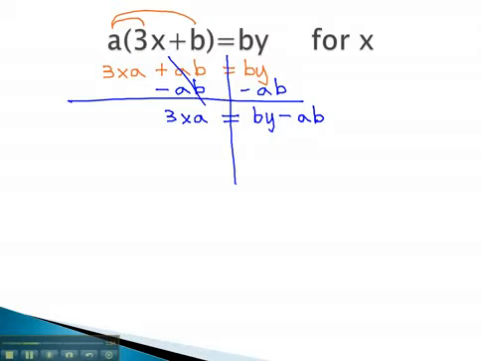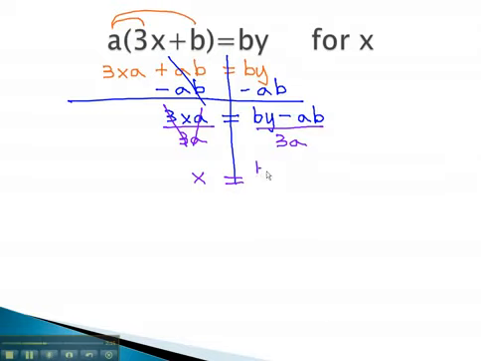Now, we are ready to get our variable alone. Remember, we're solving for x, so we need to divide out the other factors. Divide out a 3 and divide out an a. Doing the same thing to both sides, the 3's and a's divide out, leaving just the x behind.